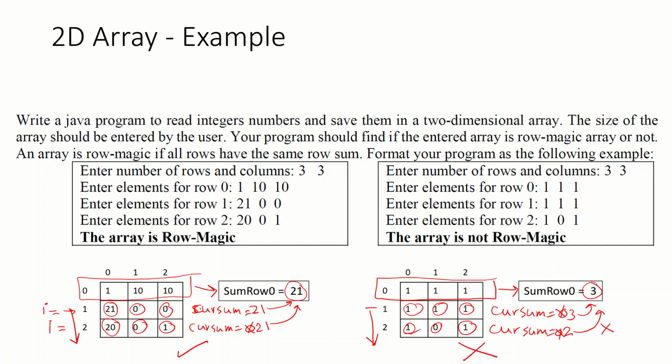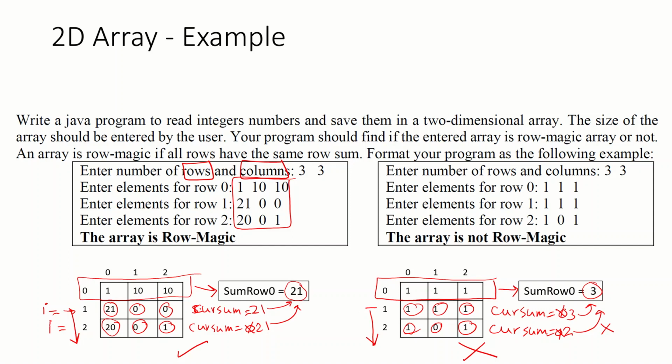So the idea is, first of all, I have to ask the user how many rows and how many columns we need. The second step is to create the array of size row and column entered by the user. And then we have to ask the user for the data, so we have to read the data of the columns and rows we have. Once we are done with the data, the first step is to calculate the summation of your first row.